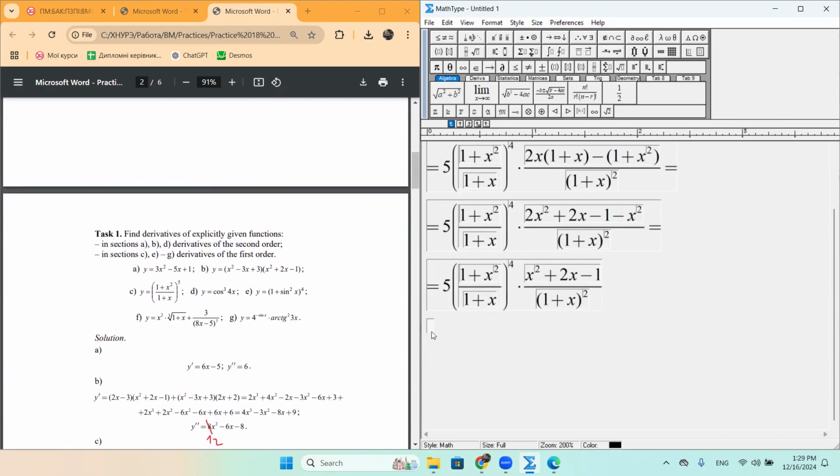So part D. Again, this is a composite function, a composition of a power function and a trigonometric function.